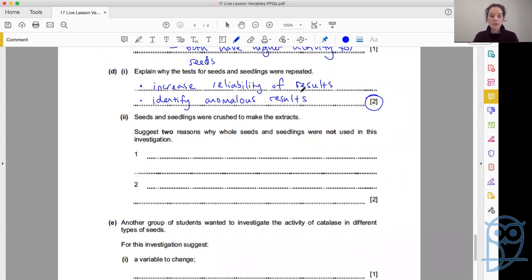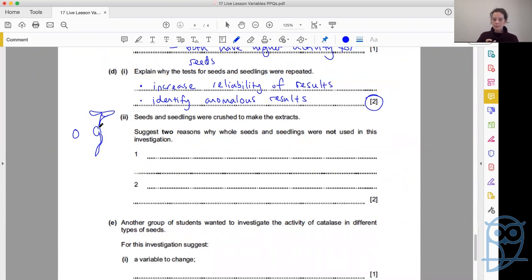Seeds and seedlings were crushed to make the extract. Suggest 2 reasons why whole seeds and seedlings were not used in this investigation. So we need to think about it. Okay, so we have seeds. And we have seedlings with a root and a leaf, something like that.